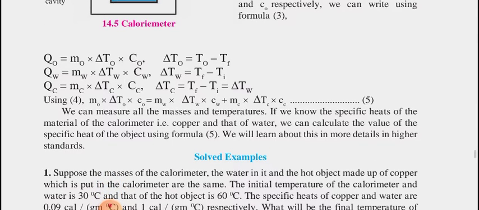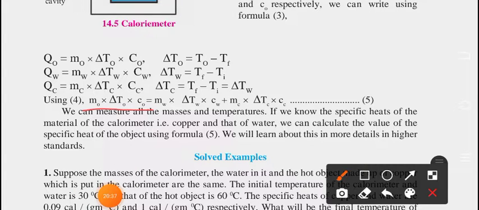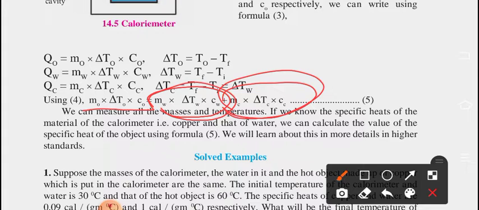Hence with all these conditions we can finalize one concept: the heat of the object is equal to the heat of water and calorimeter. Whatever heat amount the object gives, that heat amount is equal to water's heat plus calorimeter's heat.